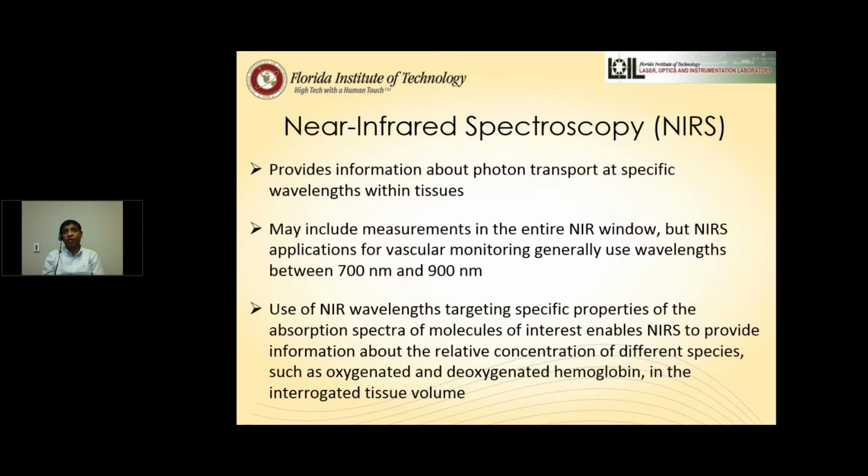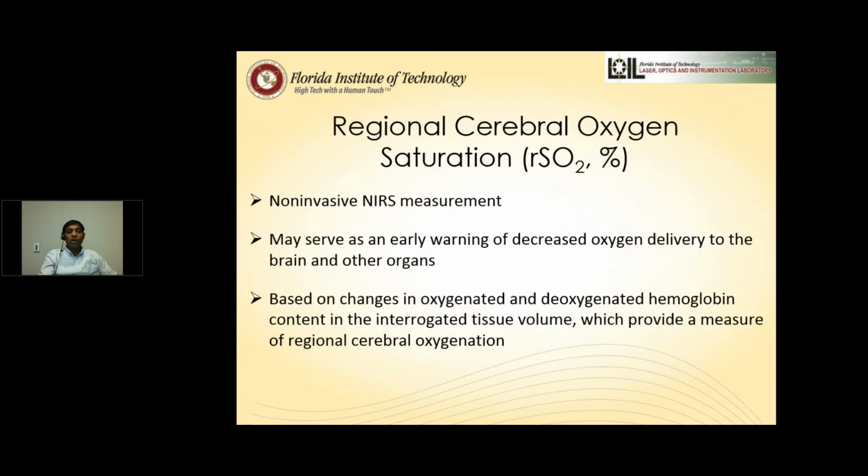So it's again based on light technology, and it uses wavelengths of light in the range of 700 to 900 nanometer, because that's the best range for light propagation to measure physiological functions through tissues. And what NIRS basically does is measure the concentration of different species, the most important being oxygenated and deoxygenated hemoglobin in the volume you want to measure.